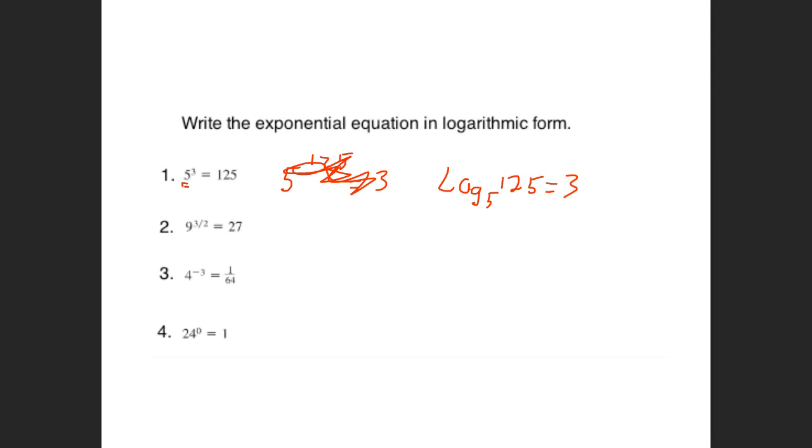That makes more sense. Log base 9 of 27 is equal to 3/2. Log base 4 of 1 over 64 is equal to -3. And log base 24 of 1 is equal to 0. So you should be able to rewrite logarithms as exponents and exponents as logarithms.